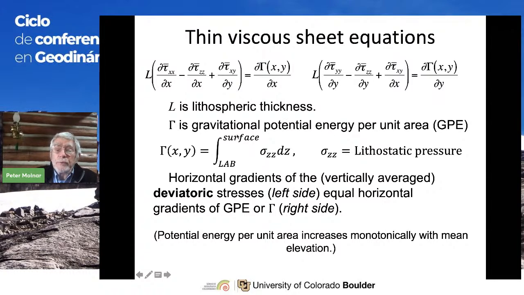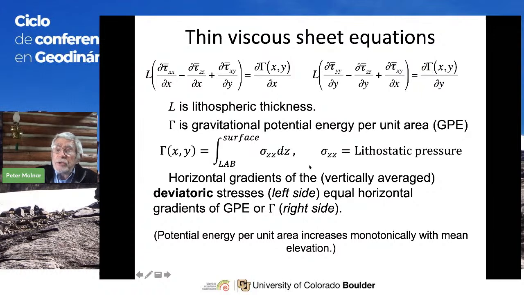The gravitational potential energy is nothing but the integral of the lithostatic pressure over depth from the lithosphere-asthenosphere boundary to the surface at the top, the air-rock interface. So one has horizontal gradients of the vertically averaged deviatoric stresses on the left side, equal to horizontal gradients of gravitational potential energy, which we abbreviate with a capital gamma here.